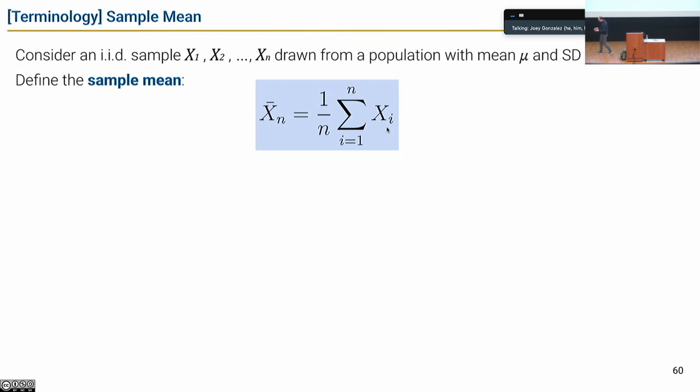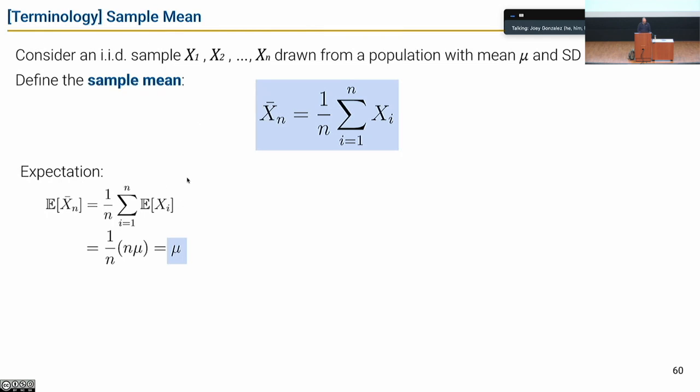When I do that, I take the average of these random variables for the, let's say, 10 people I sampled. That is a sum of random variables. We use X bar here to be the random variable denoting the mean of my sample. My sample mean. So we can use expectation, linear expectation, to compute what this is.